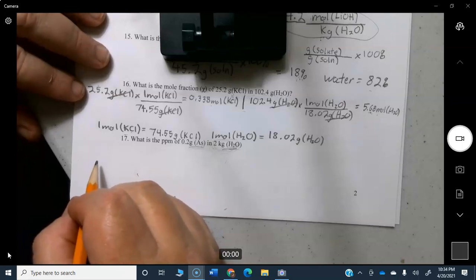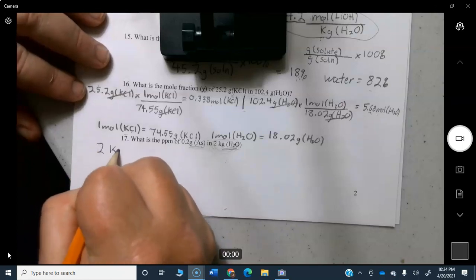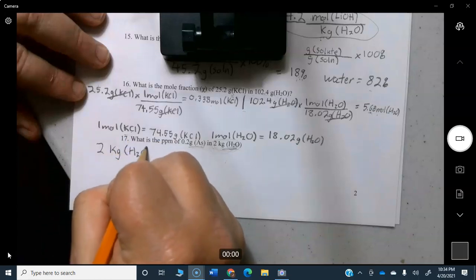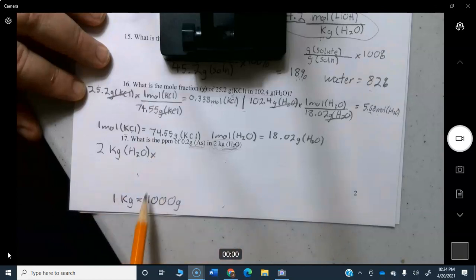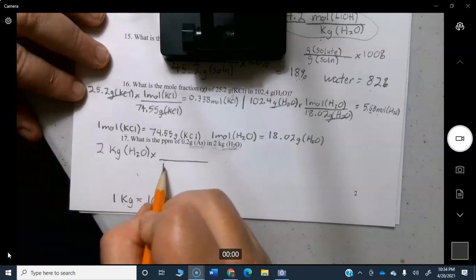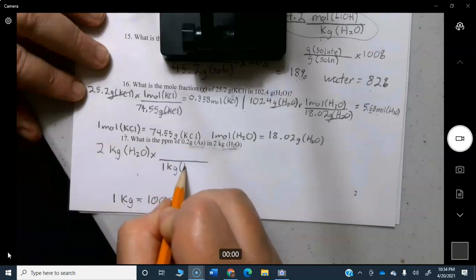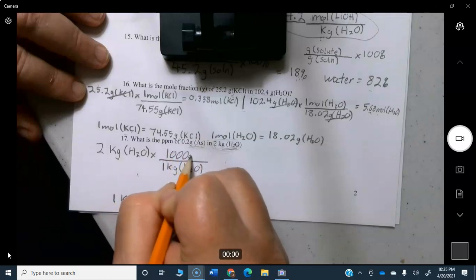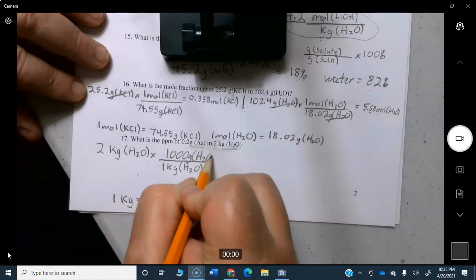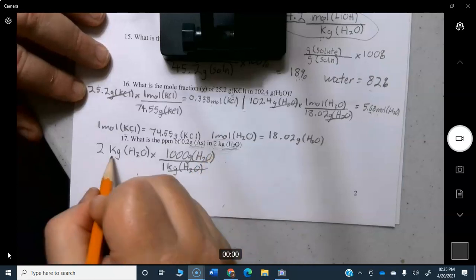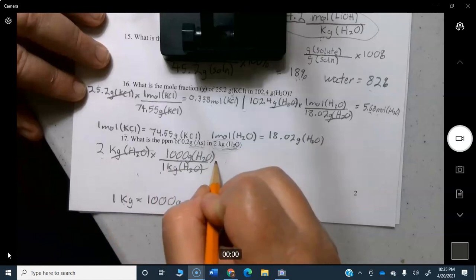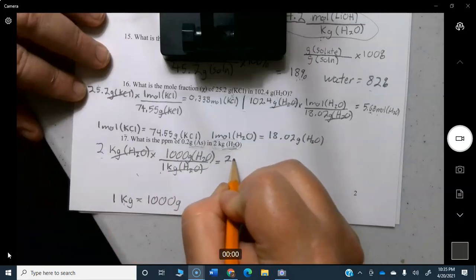You have 2 kilograms of H2O times, you need kilograms on the bottom to cancel with that, 1 kilogram H2O over 1,000 grams of H2O. Kilograms cancels with kilograms. You have 2 times 1,000 divided by 1 is 2,000. So that equals 2,000 grams of H2O.